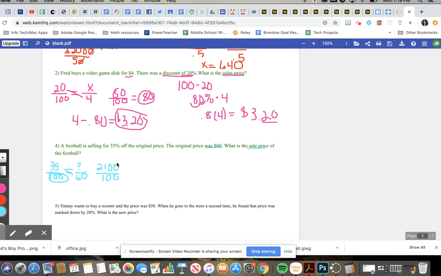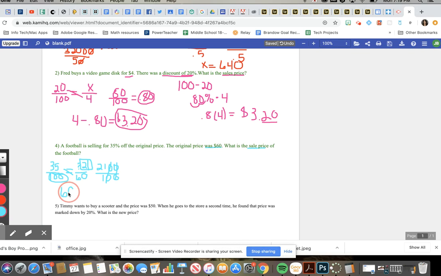All right, again, cross off the 2 zeros. What's 21 divided by 1? Well, that's $21. Okay, so this is the amount that it is on sale for. So I have amount off, that's the amount off of the original price.